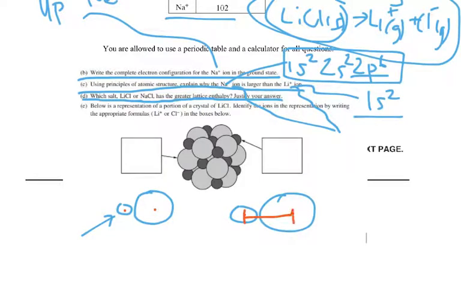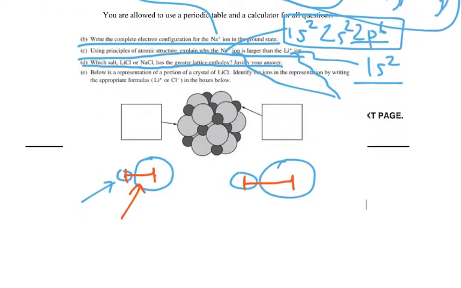Notice how the bond length, or the distance between the 2 nuclei of the ions, is much smaller than the bond length of sodium chloride, which is much greater. So this is the greater one, that's the smaller one. This smaller bond length is definitely due to the fact that lithium plus is the smaller ion.